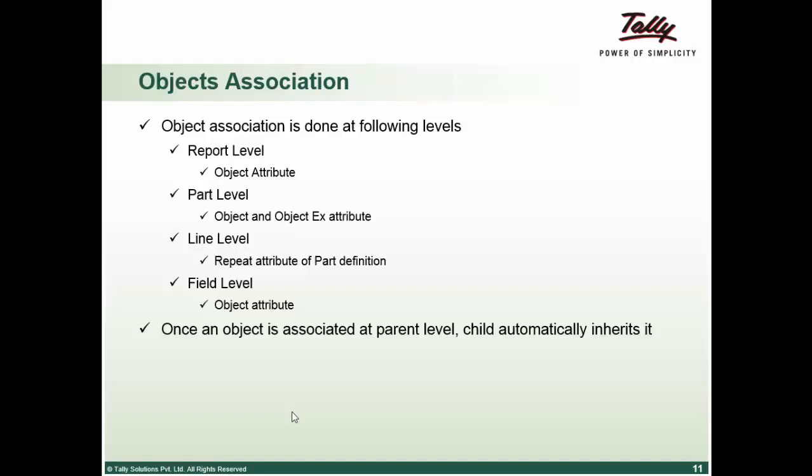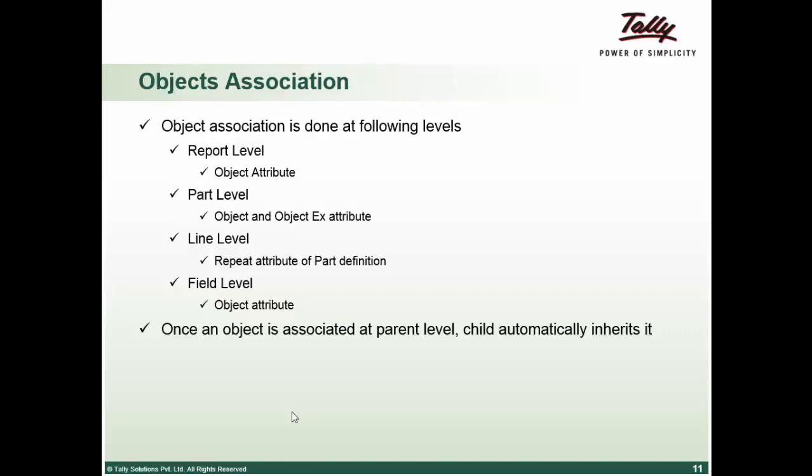And field level association. By default, field inherits everything from its parent line and parts and the reports, and this cannot be overridden. However, field also allows object specification syntax, and the association specified acts as the secondary context of the object.